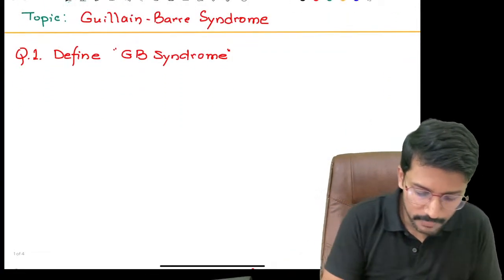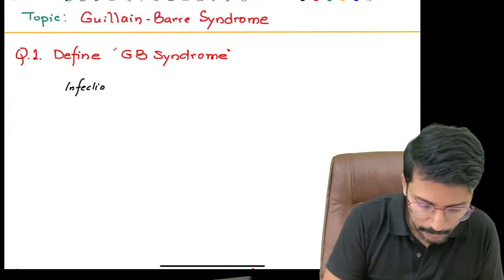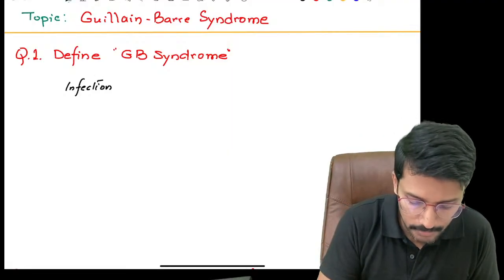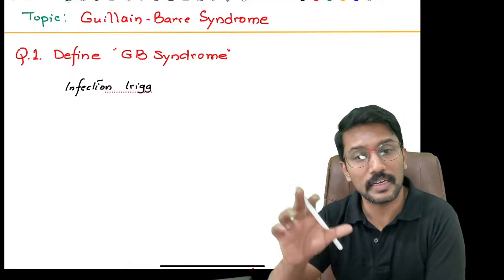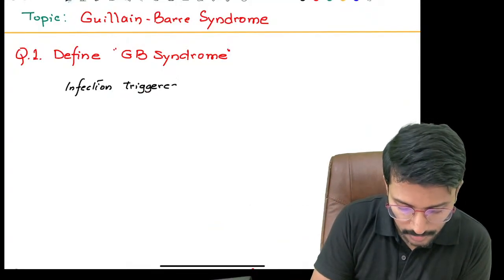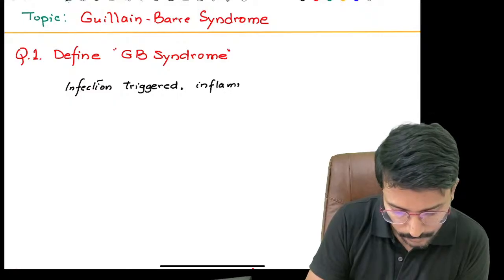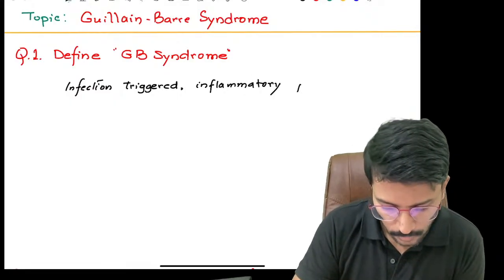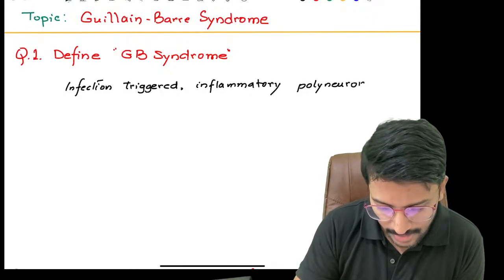GB syndrome, I would define it as an infection triggered, see, I'm not saying infection is the direct cause, right? That's why I'm using the term infection triggered. Infection is merely triggering the sequence of events leading to development of GB syndrome. Infection triggered inflammatory polyneuropathy.